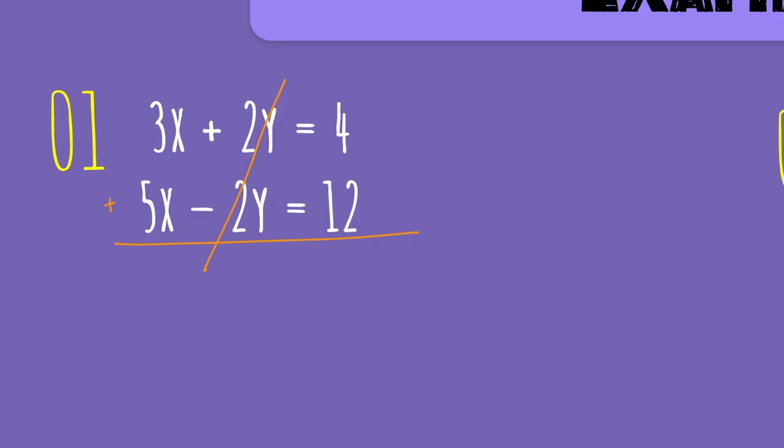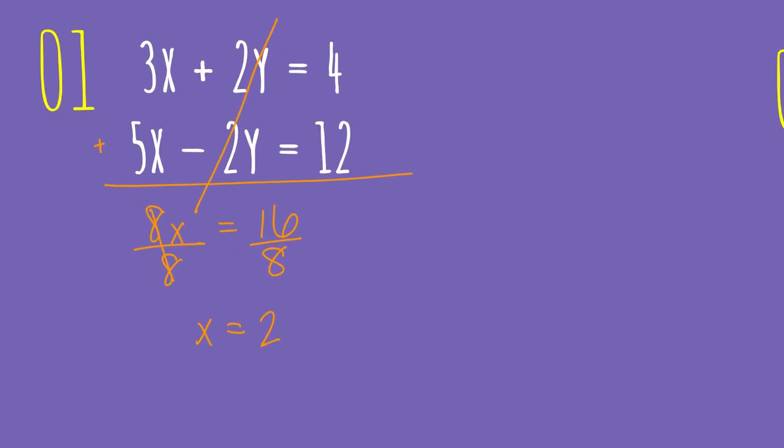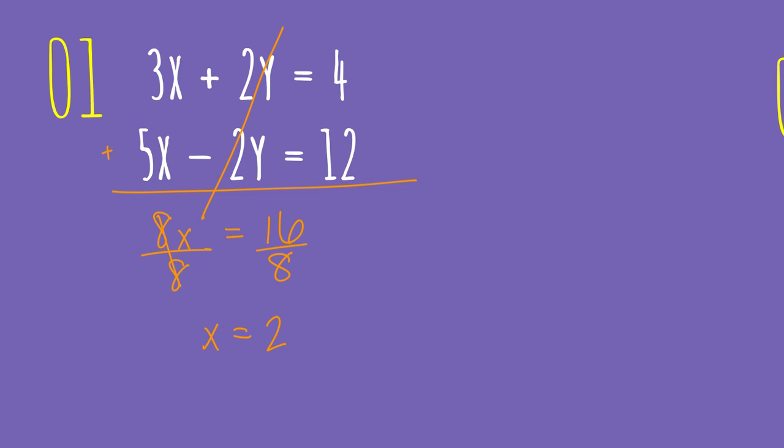That's what we're doing. Again, this is elimination. 8x will equal 16. I can solve for x by dividing by 8. And x is going to equal 2. Now, I'm going to take that 2 and I'm going to plug it in.